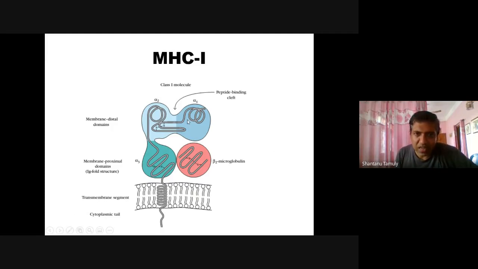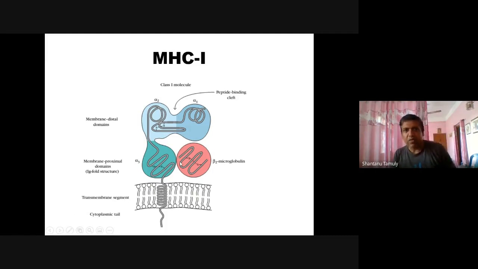What you can see here is a class 1 molecule. This is the alpha 1 domain, and this is the alpha 2 and alpha 3 domain. In this domain you have the peptide binding cleft, so this area binds the antigenic peptide. Beta 2 microglobulin is a small domain.